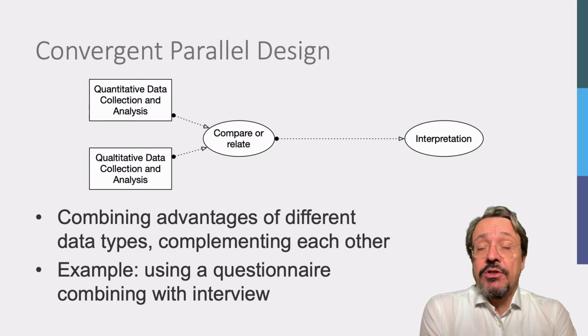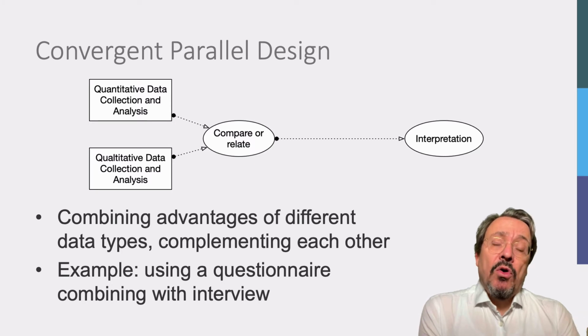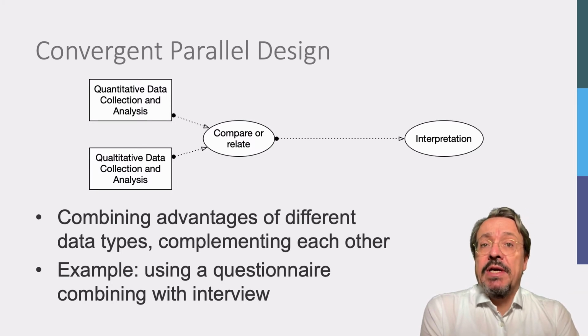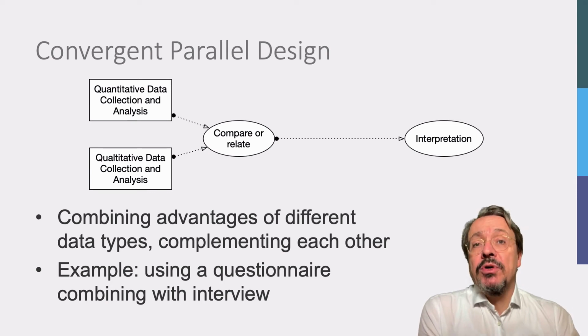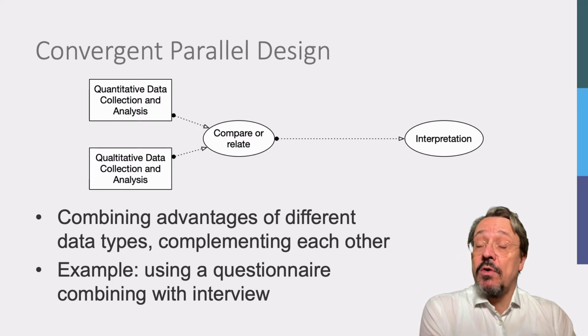So you could use a questionnaire you roll out to a lot of people, so you get good measurements, you get high numbers of participants, and then you use a smaller number with a more time-intensive qualitative data collection with interviews that help you to explain and interpret some of the quantitative findings you have. So the convergent design: collect them together, think about the combinations.